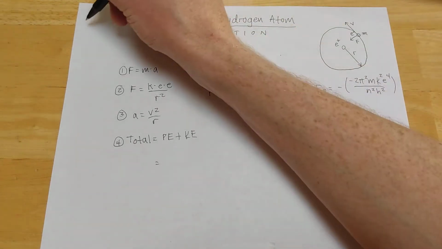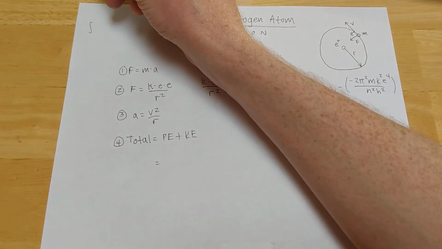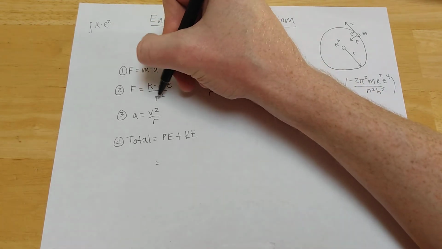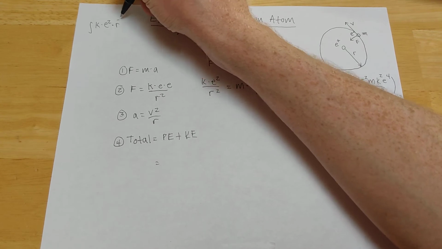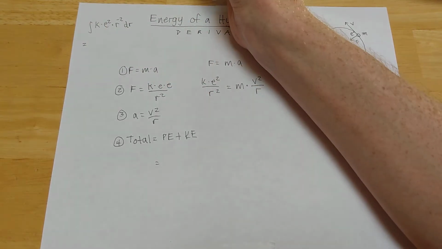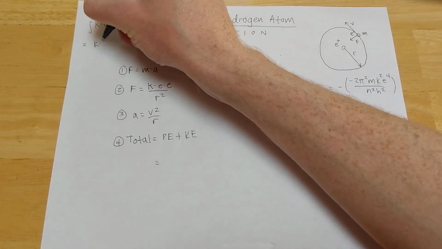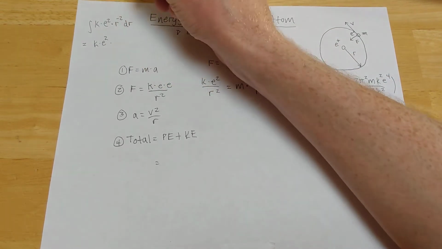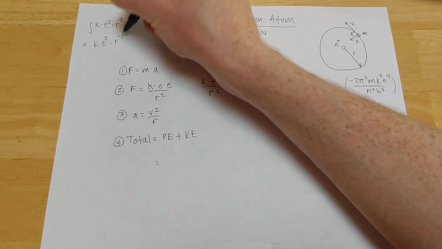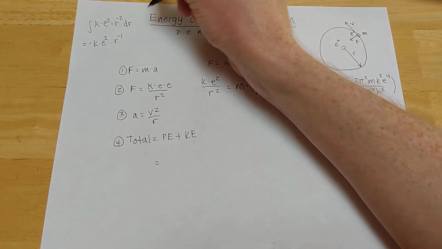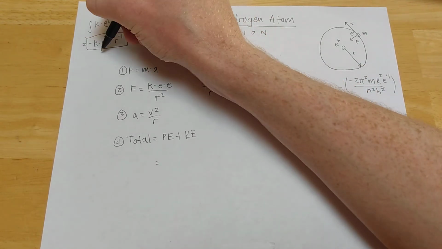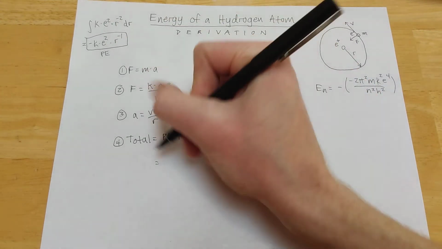So we could go ahead and show that the integral of that, ke squared, we could say that that's r to the negative 2 dr. And by using the power rule, we've got constant, constant. Remember, we're going to add 1 to this, so it's going to turn into negative 1 divided by negative 1, and then plus a constant. And so this is going to be our potential energy.